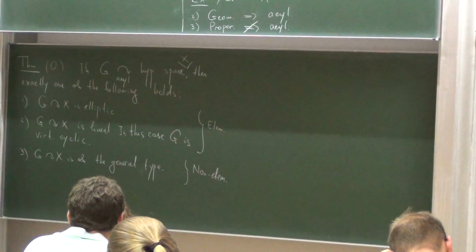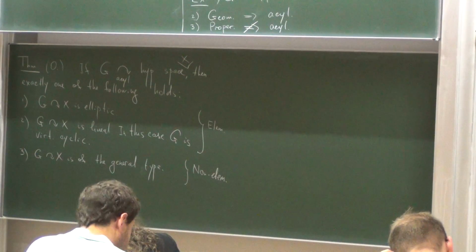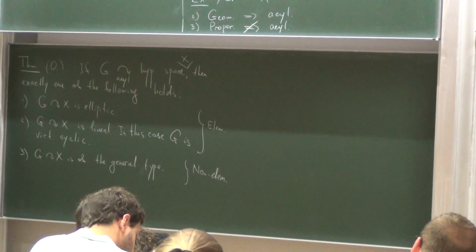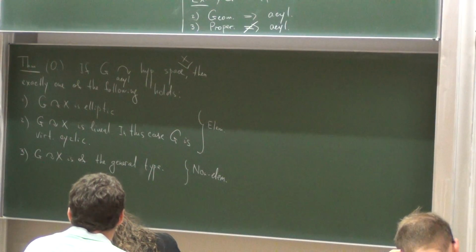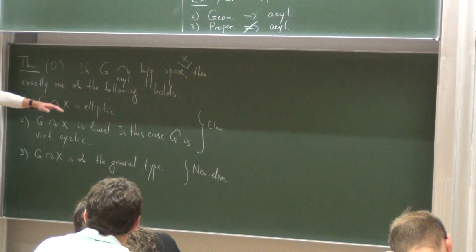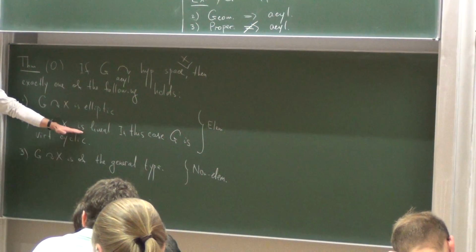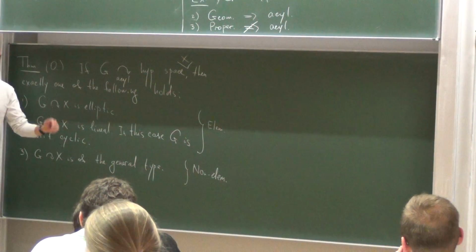In particular, it follows from this theorem that non-elementary acylindrical actions on hyperbolic spaces can be characterized very easily. An acylindrical action of a group on a hyperbolic space is non-elementary if it has unbounded orbits, which rules out the first possibility, and the group is not virtually cyclic, which rules out the second possibility.